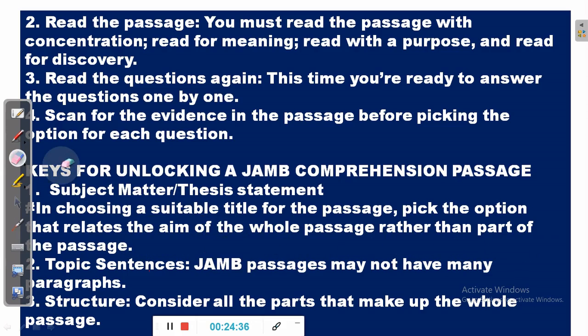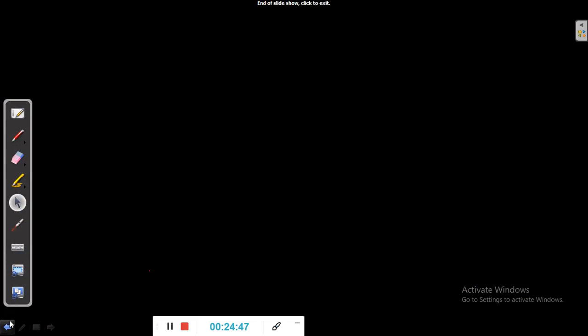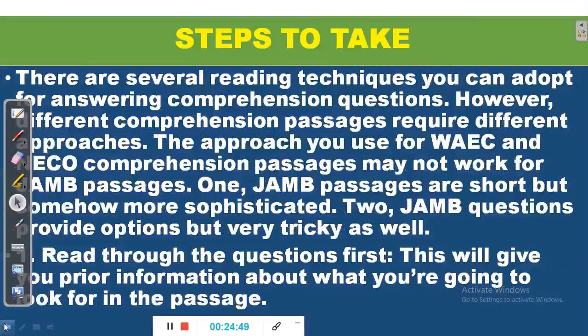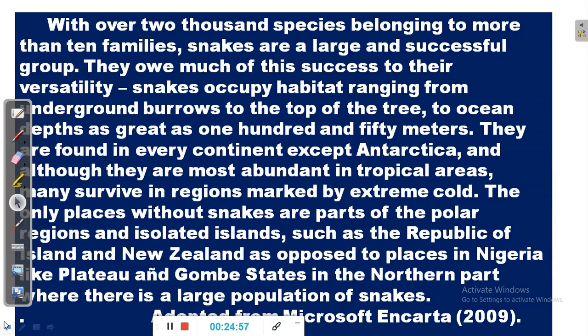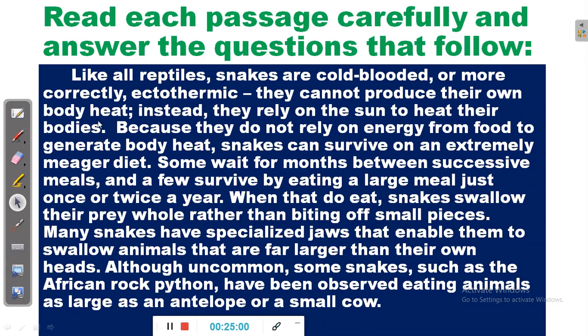Now, having looked at all this, let's go back to the actual passage, the comprehension passage. All right, let's read the instruction.